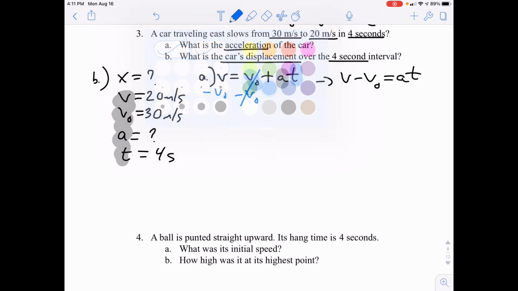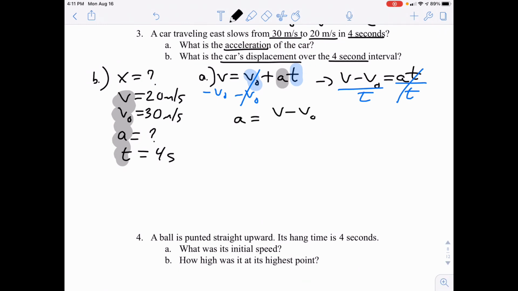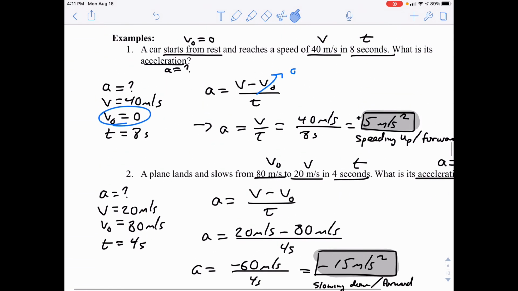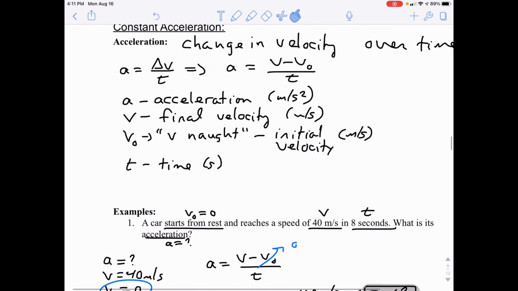Then to get a by itself, we're simply going to divide by t. That equation should look familiar to you. v minus v naught over t was an equation that we used to describe acceleration.